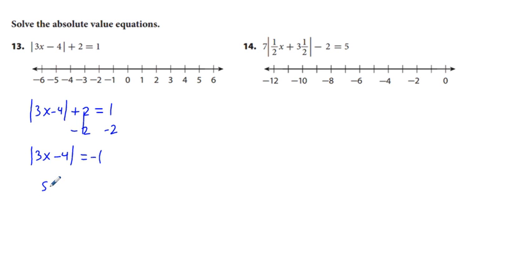So since absolute value cannot be negative, we say there's no solution.